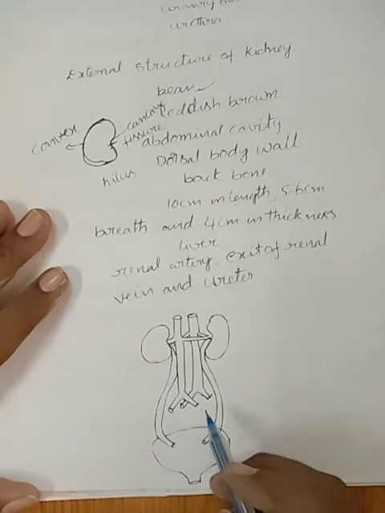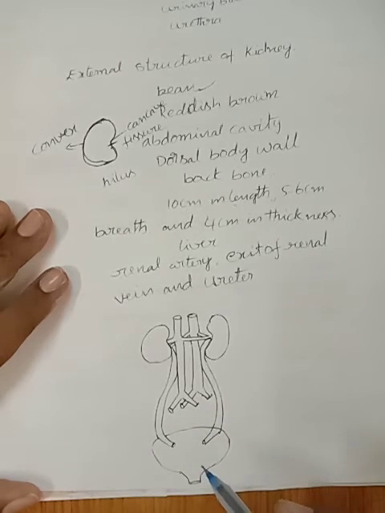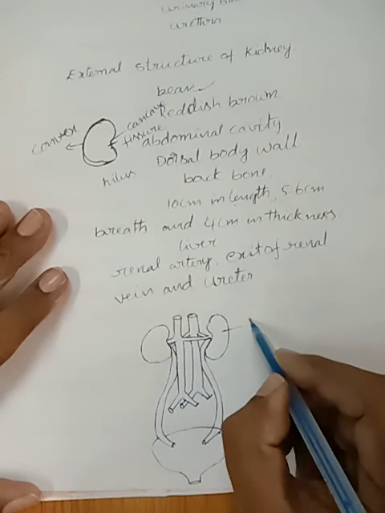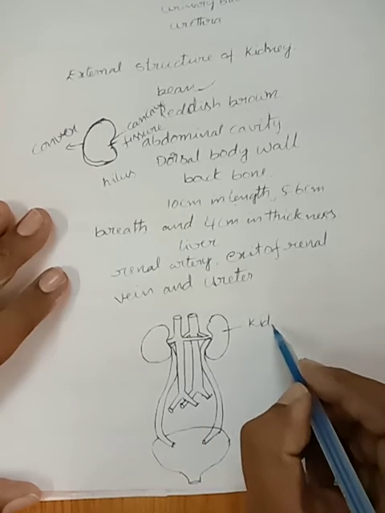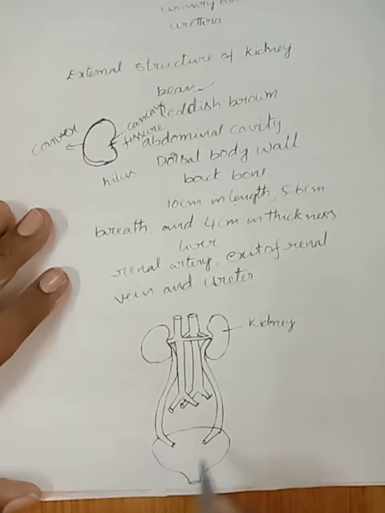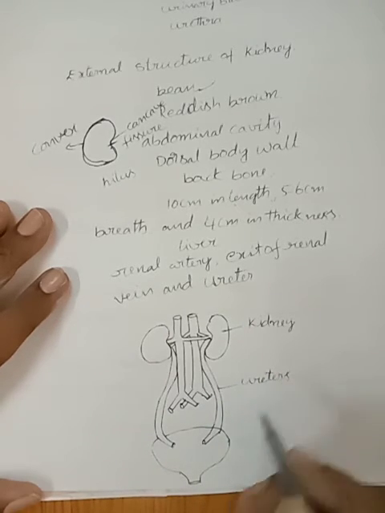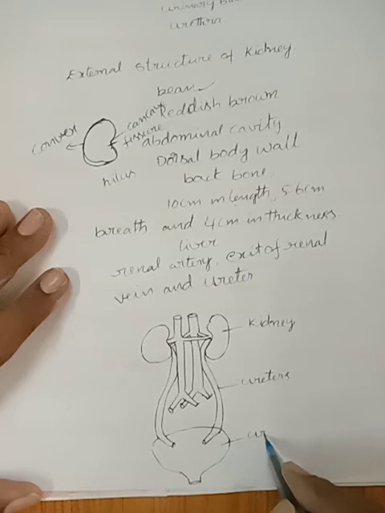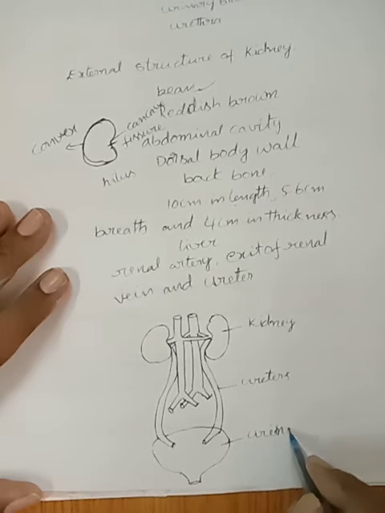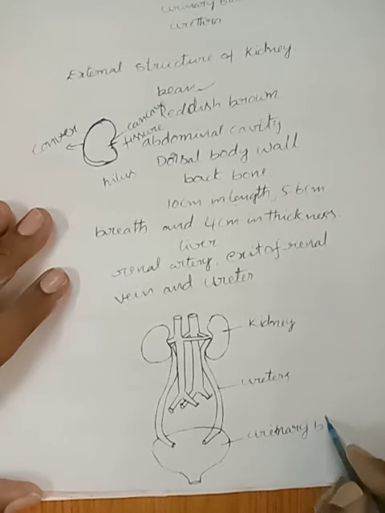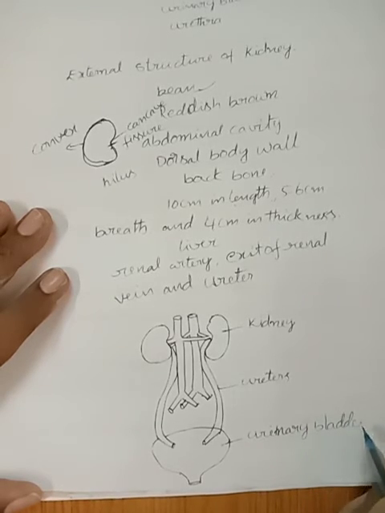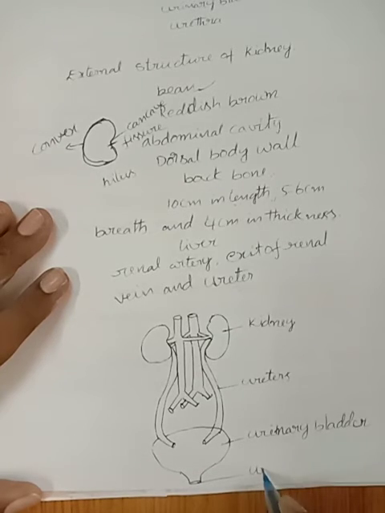See children, this is the human excretory system diagram. These are kidney, ureters, urinary bladder. This is urethra.